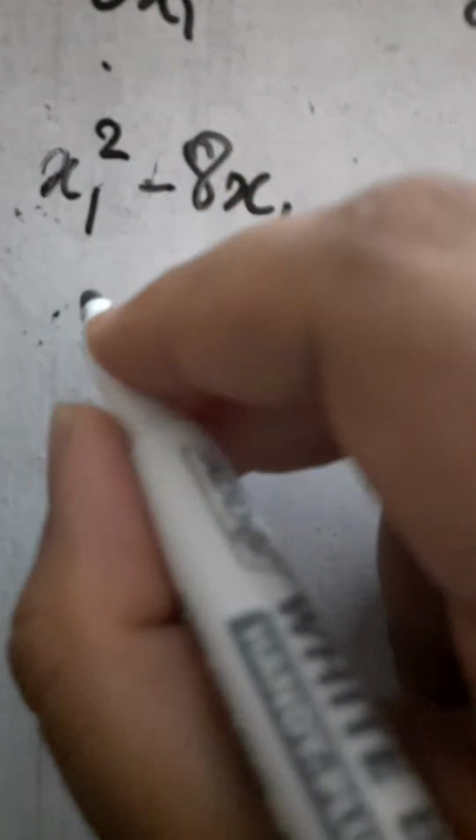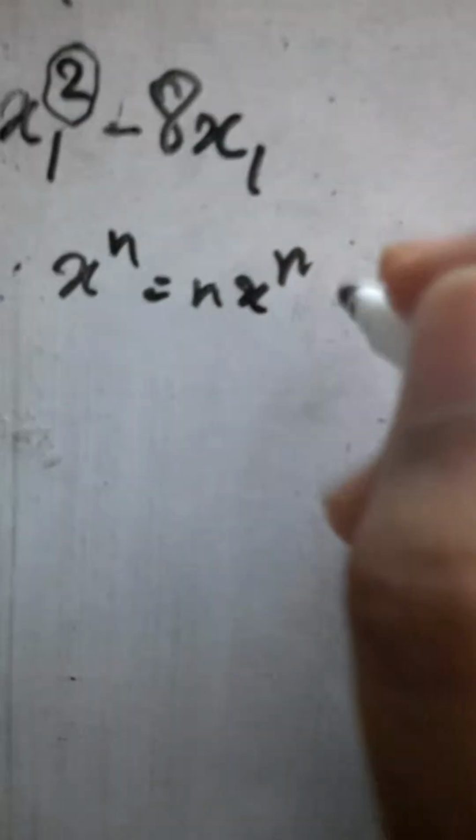If we do n x raised to n minus 1, then n is this, and x raised to n becomes n x raised to n minus 1. I didn't write that here, sorry for that. So n x raised to n minus 1 would come here, right?